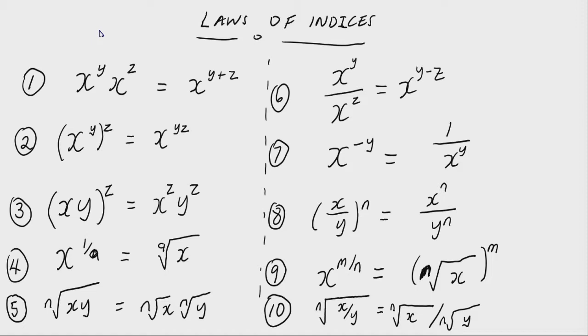They're all the same. So you have to know that if you're multiplying two factors with the same base, say x to the y times x to the z, you have to be able to know that you can equate it to x to the y plus z.